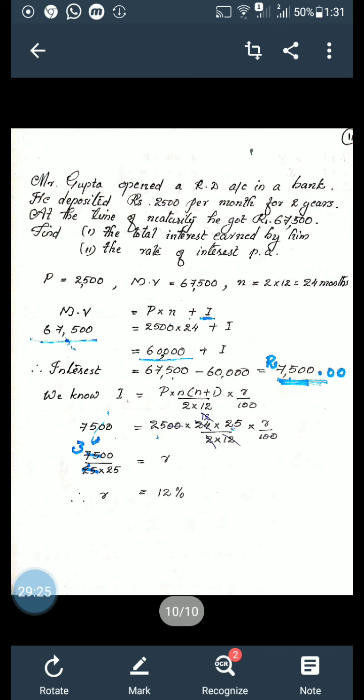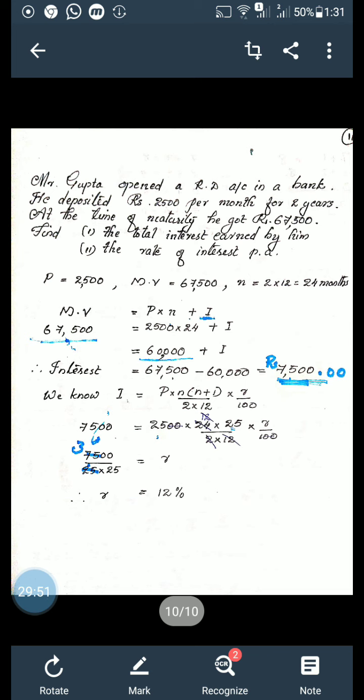Now, look here. Write the given things. P is equal to 2,500. Maturity value is equal to 67,500. Number of months is 2 years, that is 2 into 12, which is equal to 24 months. Here we know that maturity value is equal to P into n plus interest, right?